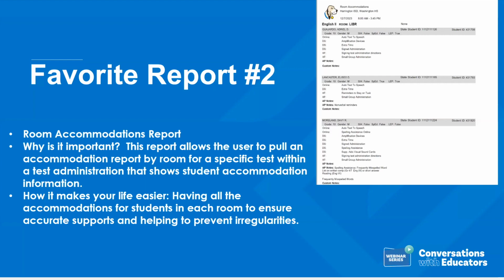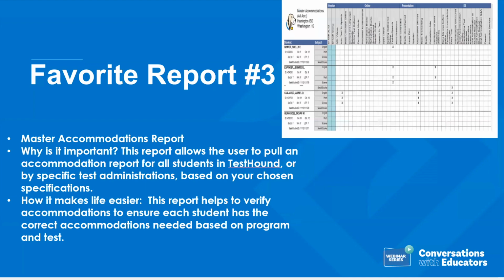Awesome. Okay. Well, let's just keep moving on through. And really, report three, our master accommodations report, maybe I should have put them in the other order, right? This is before you get to that room accommodations report. This is going to be one report with every student that has accommodations for a particular test administration in one place.